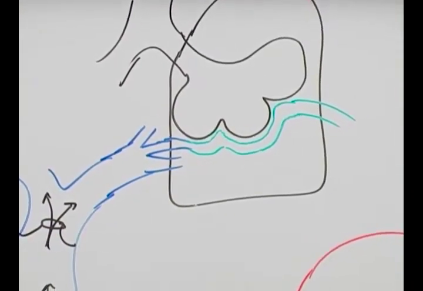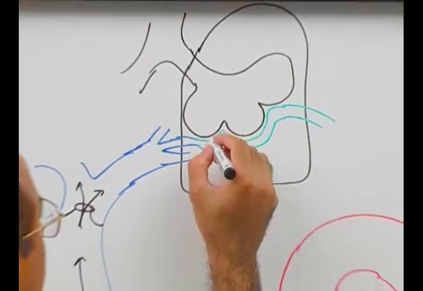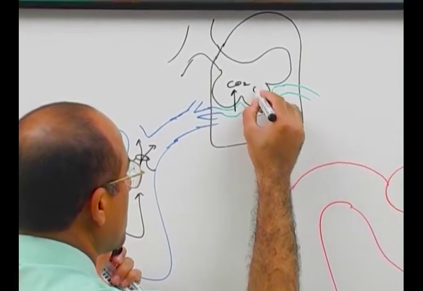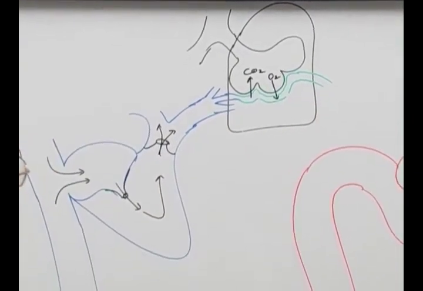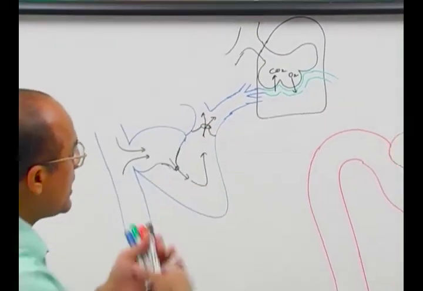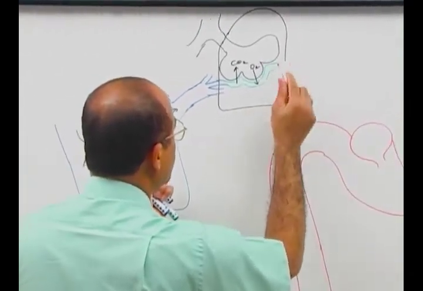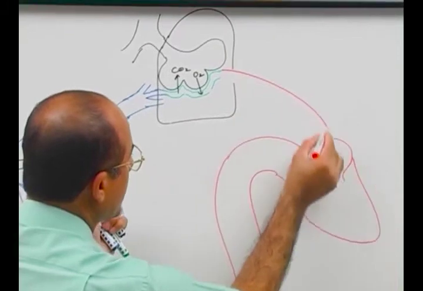And you know that from here carbon dioxide will go to the air spaces and oxygen will come to the blood. Is that right? And eventually oxygenated blood will move from the lungs to where?